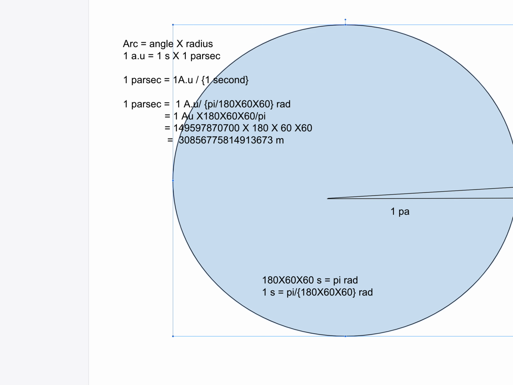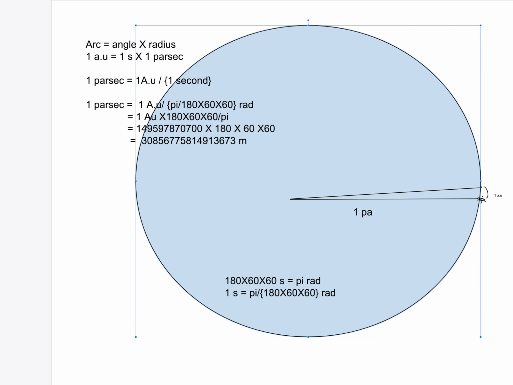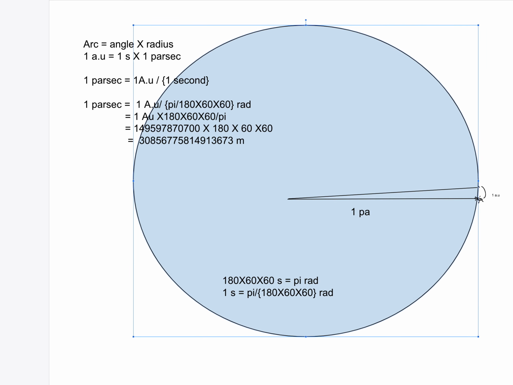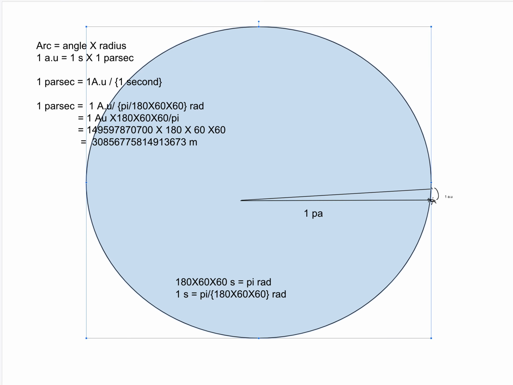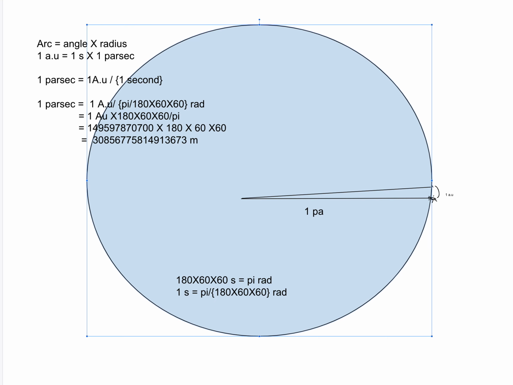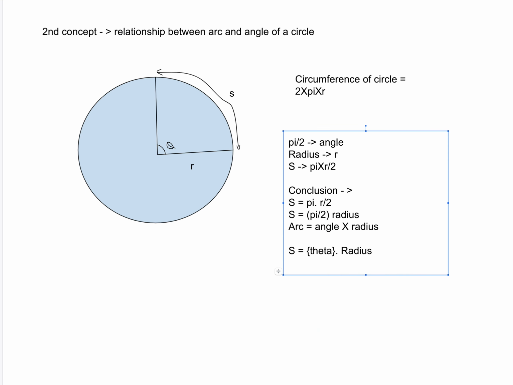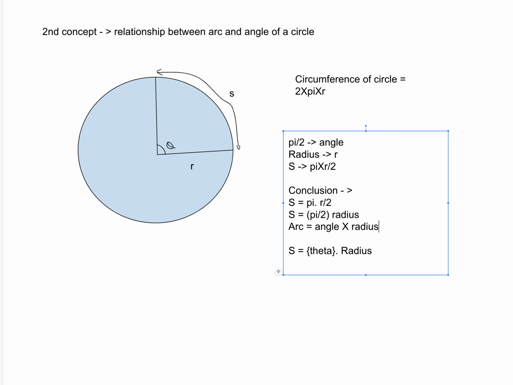Okay, and I think this gives you a good understanding of what is parsec and how you can calculate parsec. Of course, to know this, first of all you need to understand how these angles are represented in terms of radian, degree, minute and second, and then the concept between the arc of a circle and the angle and the radius.